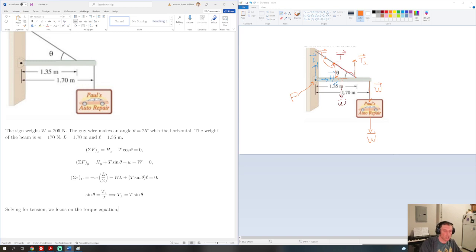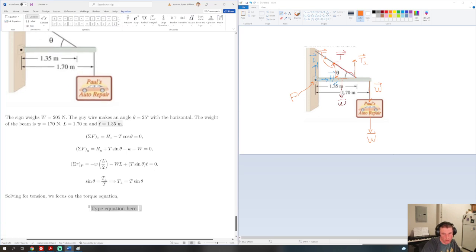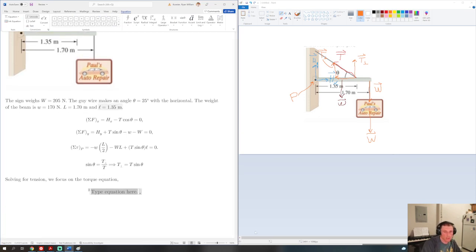And solving for T, I'll do this step by step, but definitely let me know if I make any algebra mistakes. We can write something like L T sine theta, and then we just add these W terms to the other side. So we get equals L W over 2 plus L big W, right? We're just doing the algebra now. And the only thing left to do here is really just divide both sides by L sine theta, right?